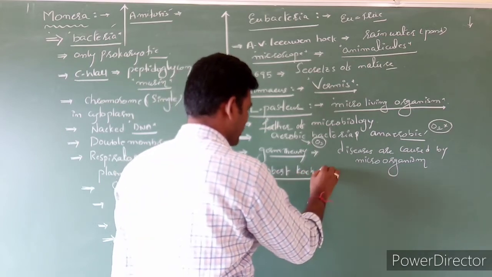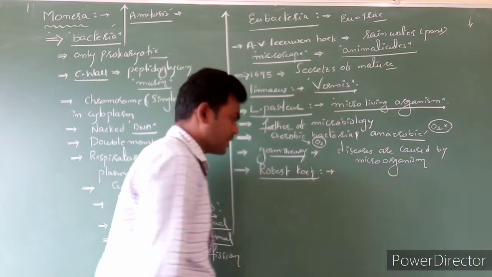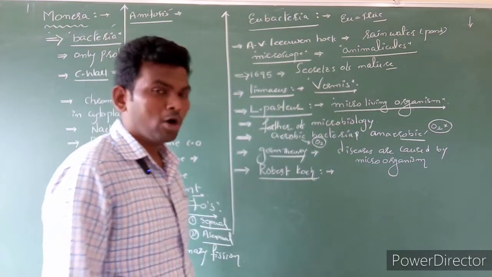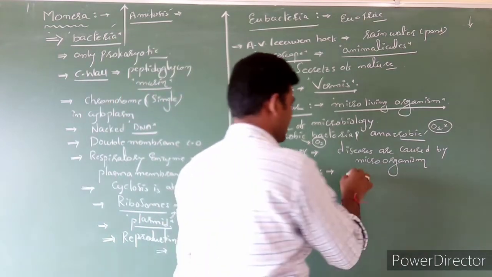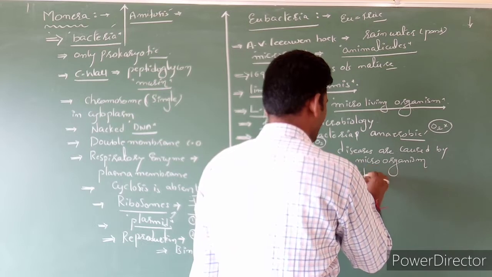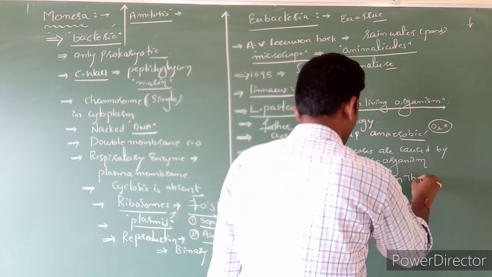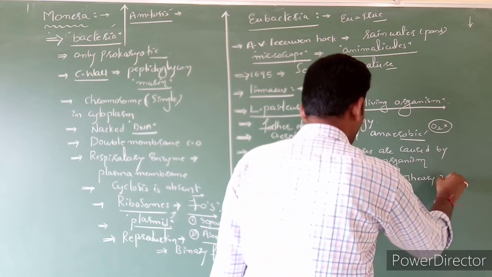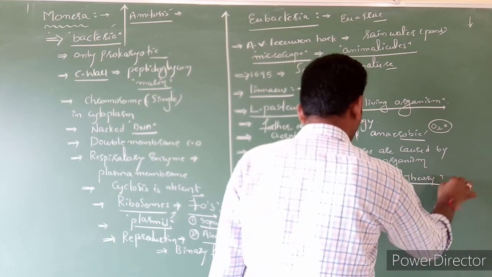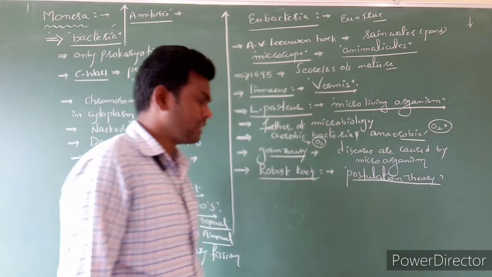Next, one of the famous microbiologists is Robert Koch. Robert Koch proposed the postulation theory. Postulation theory means what?